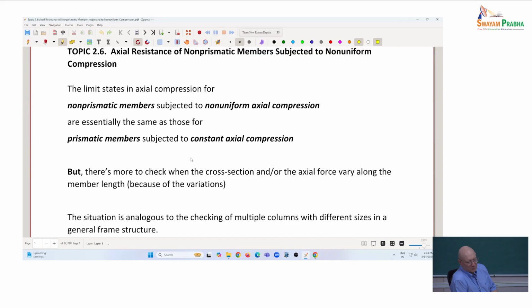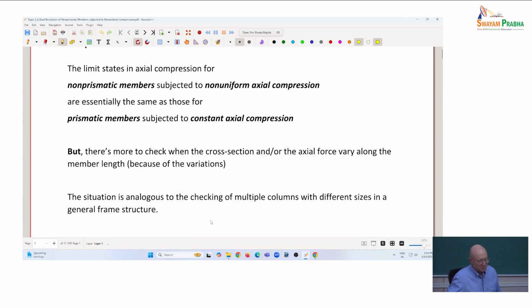Why? Because the cross-section and/or the axial force is varying along the member length, and so we've got more to check because of those variations. All right, so the bottom statement here is essential.